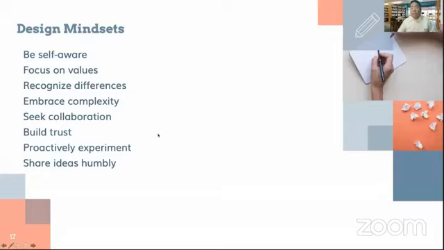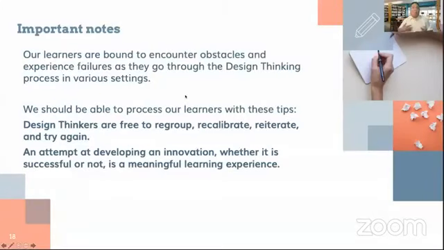Now, just before I end, our learners are bound to encounter obstacles and they will highly likely experience failures as they go through the design thinking process in various settings. So, as teachers, as the educators, alalay tayo.